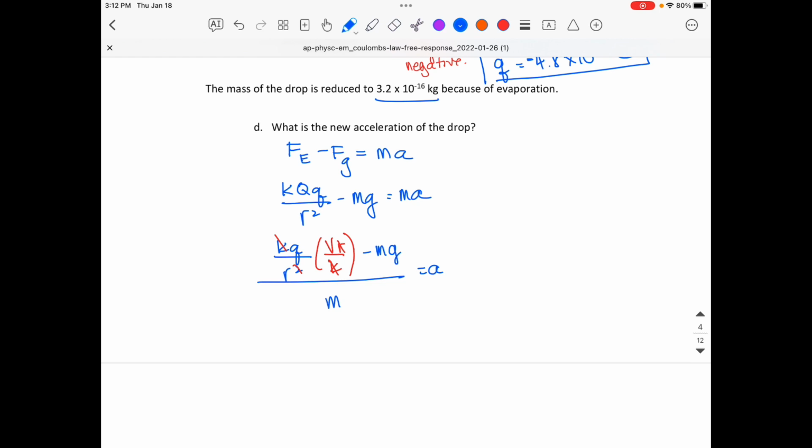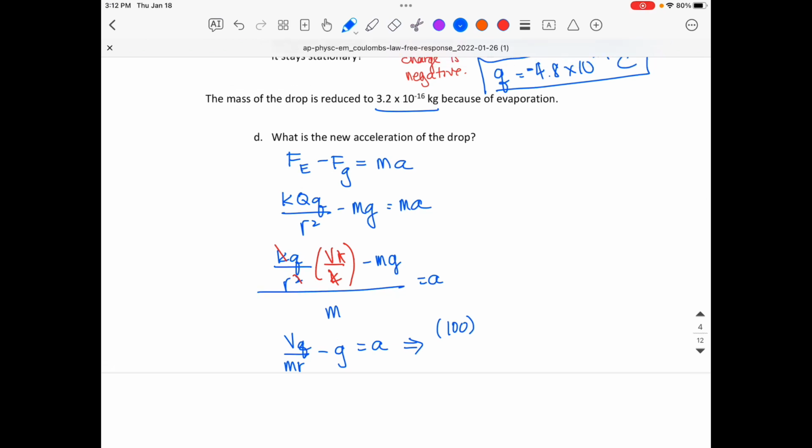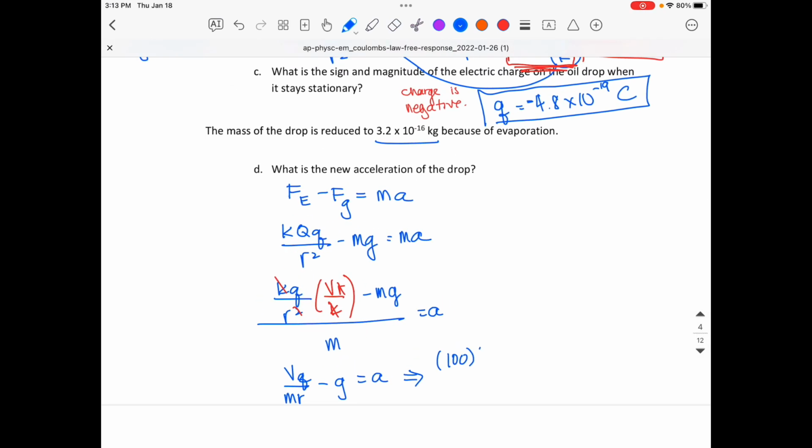Simplifying this gives me Vq over m r, minus g, is equal to a. That gives me 100. My charge stays the same, so I'm going to take my charge from part C and just use the magnitude, because the sign does not factor into any of the calculations. It just tells us it's an electron.